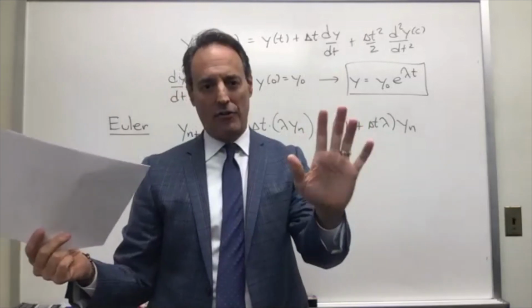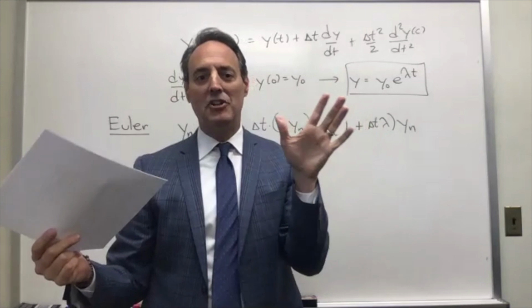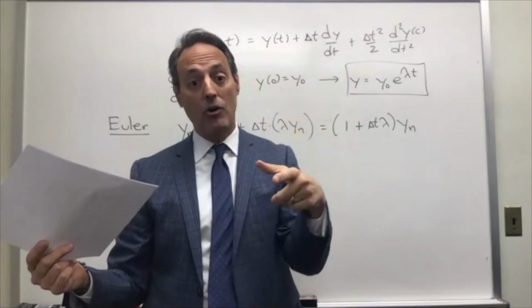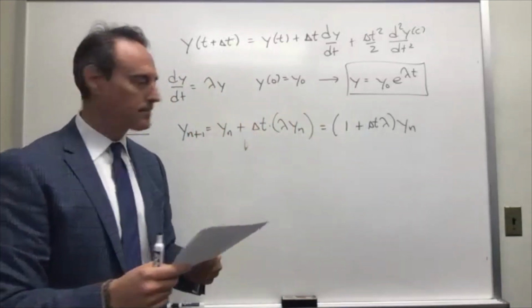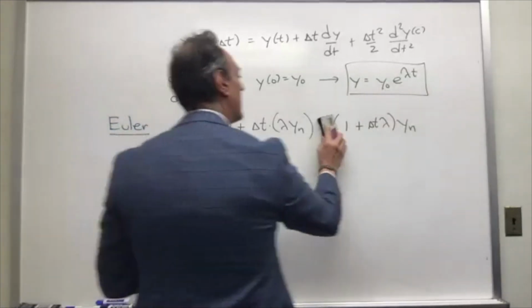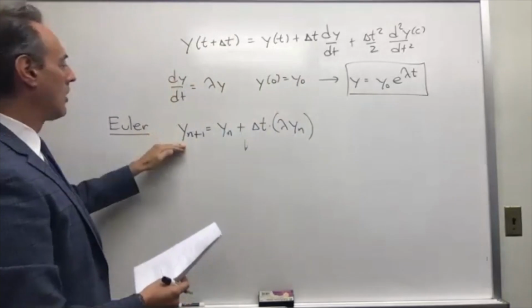And in general, if your scheme is such that generically things are going to blow up, you don't use it. It's a bad model. It's a bad algorithm approximating something that shouldn't be doing that, okay? So we're going to come back to here and start talking about our Euler discretization.